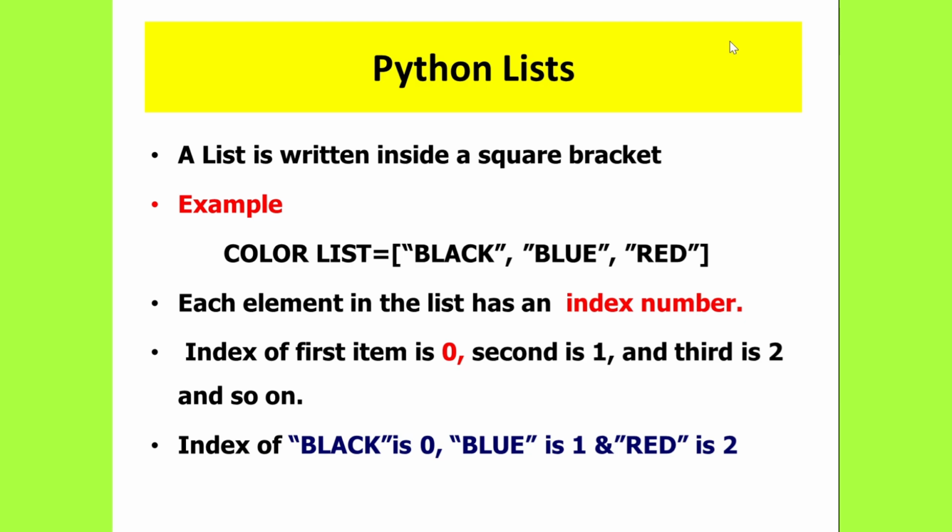Index of the first item is 0, second item is 1, and the third is 2, and so on. Index of black is 0, blue is 1, and red is 2. Let us create a code and see how this list is created.